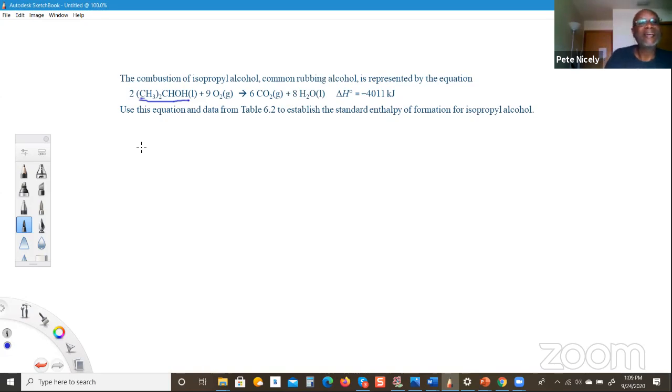So the first thing I'm going to do again is write down an expression for the relationship between the different delta H values under standard conditions. So I'm going to say that delta H standard is equal to, starting with the reactants, 2 times delta H formation standard of isopropyl alcohol. Now, I'm too lazy to write out the whole formula, so I'm just going to write IP for isopropyl alcohol as an abbreviation.